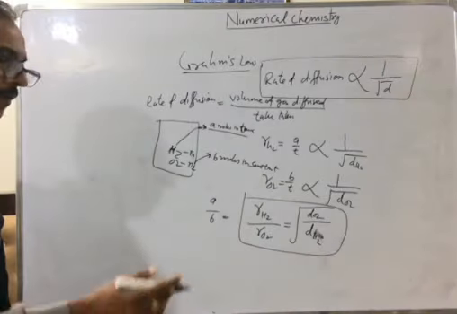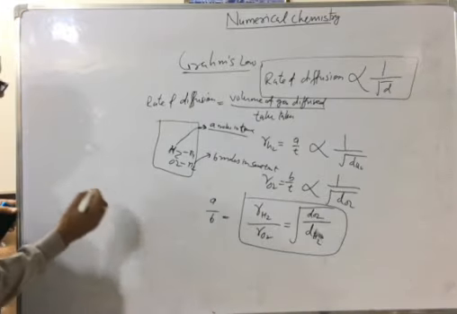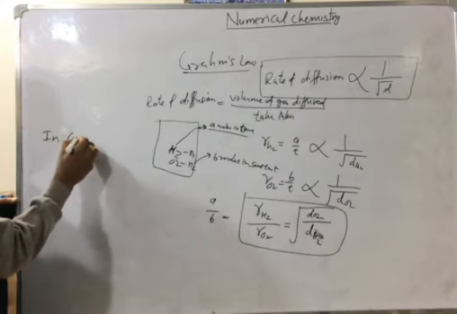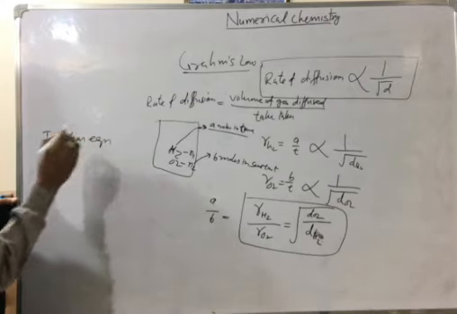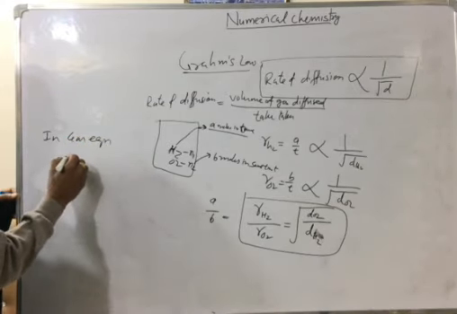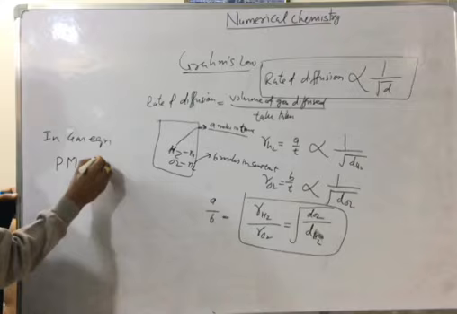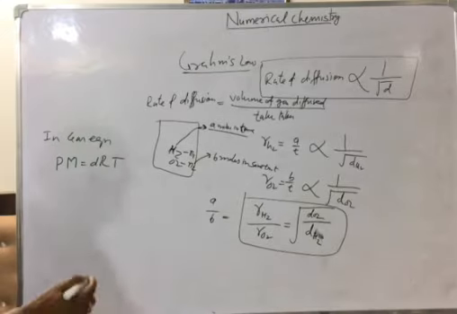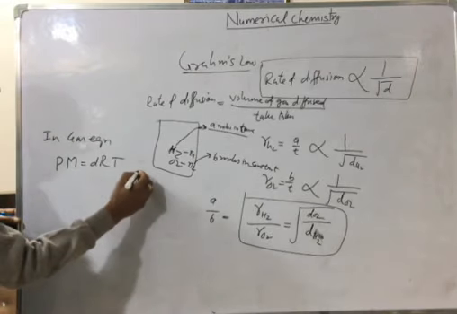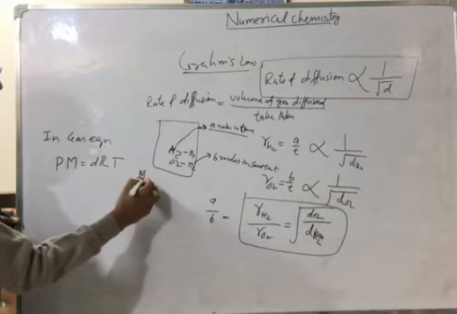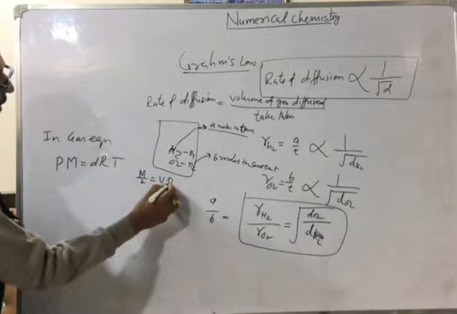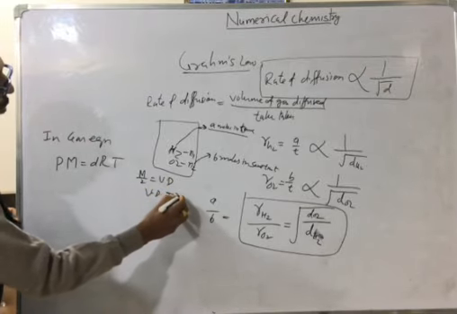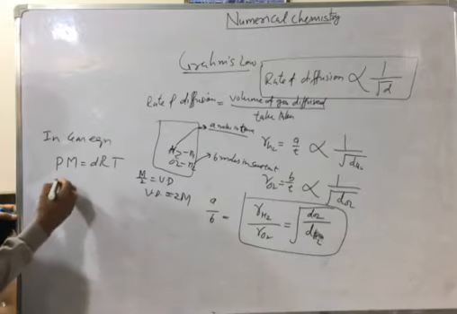Next, I have told you earlier, in the gas equation, you note down, PM equal to dRT. It is also a form of the gas equation. And molecular weight by 2 is the vapor density. So vapor density equal to molecular weight by 2, put here.